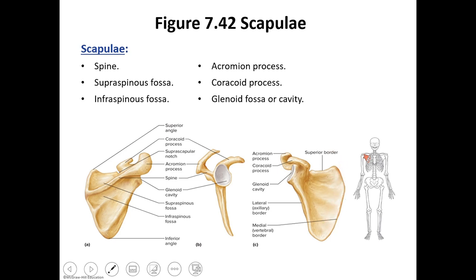So if you look at the scapula in this picture, you can see why this is the medial border, because it's inside right there. You have the lateral border out here, the glenoid cavity. So the glenoid cavity is where the humerus actually sits. It sits right in that cavity, fits right into it.